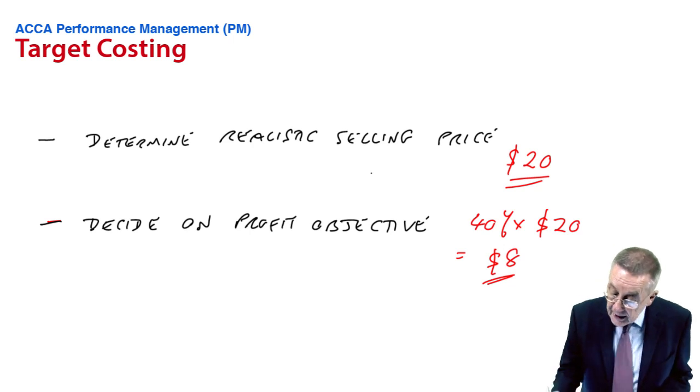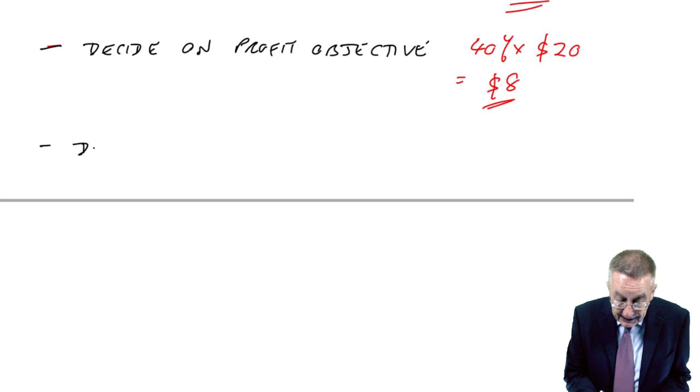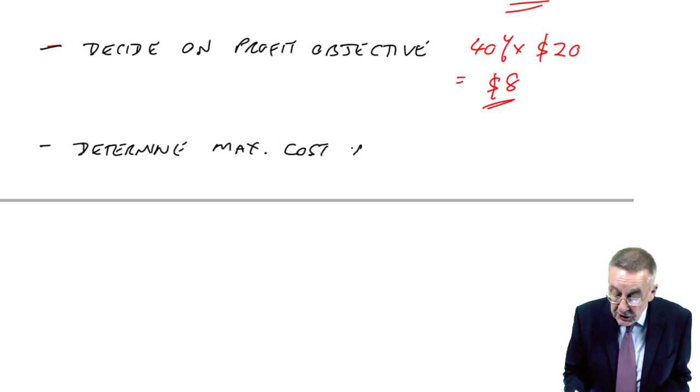What we then do is we put the two together and we determine the maximum cost to achieve that profit.